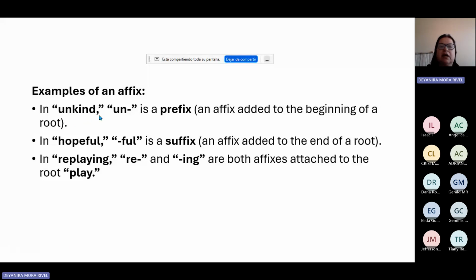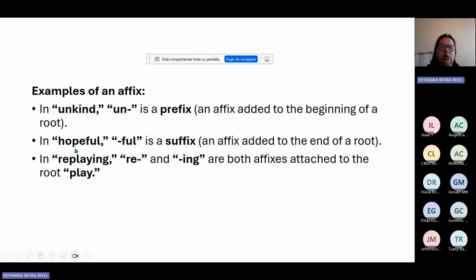So unkind means not kind. We have it in one single word, but this word has two morphemes, right? I can divide it into un and kind. Kind is free and un is bound. Un does not have meaning on its own, but kind has a meaning on its own.